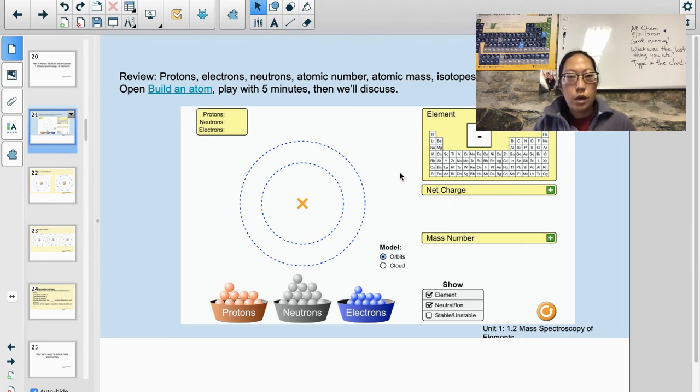So as I mentioned, and I'm not sure anybody was listening because probably everybody was still working on the conversion problems, the number of protons in the nucleus are basically the atomic number. It's the ID number.